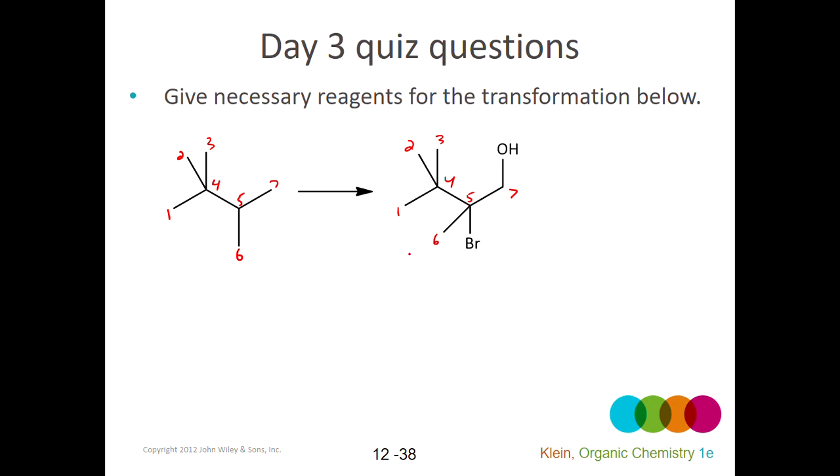This is a nice, simpler one than some of the ones we just did, but you definitely want to practice until you can get up to the point where you can do some of the more complicated ones. So what's happening here is I need a bromine on carbon 5 and an OH on carbon 7.